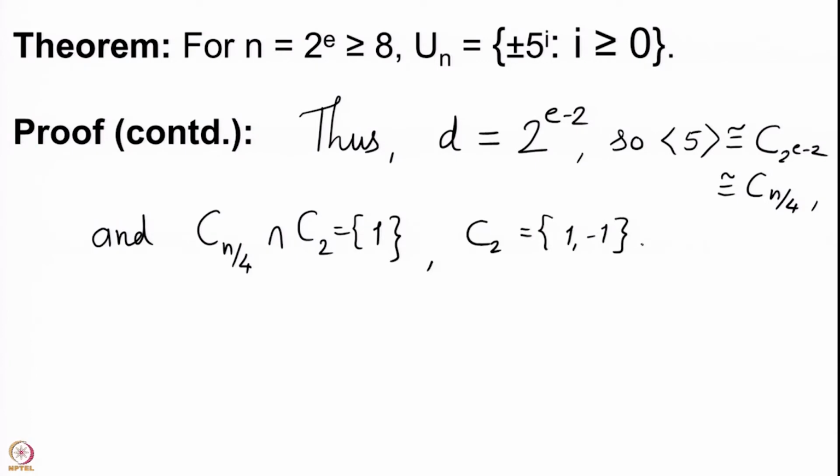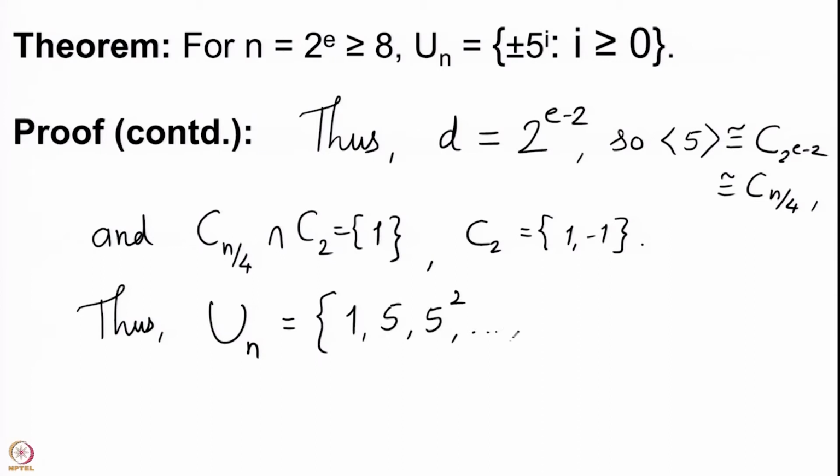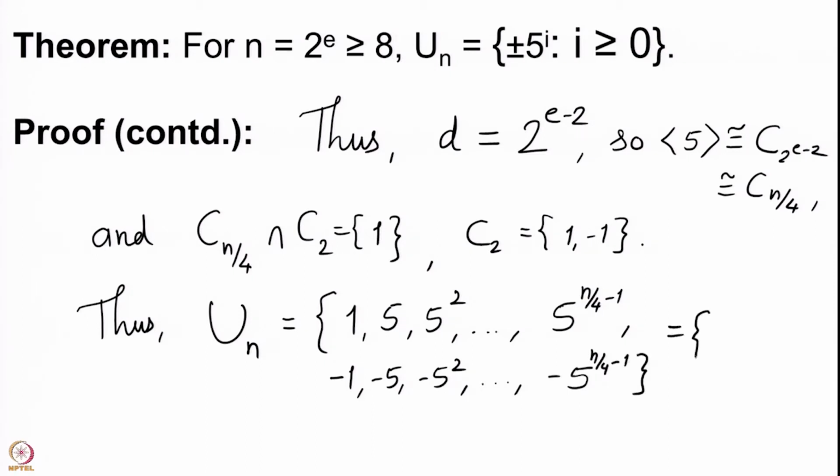So, every element in the group UN is now of the form 1, 5, 5 square, dot dot dot, 5 to the n by 4 minus 1. These are the powers of 5, and then you have minus 1, minus 5, minus 5 square, dot dot dot, minus 5 to the power n by 4 minus 1. So, what we have got is that our whole group can be written in the correct way.